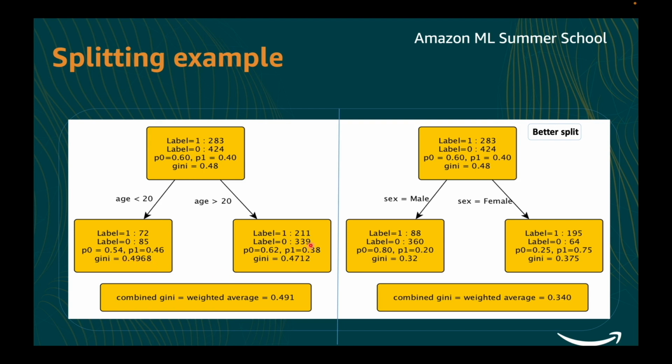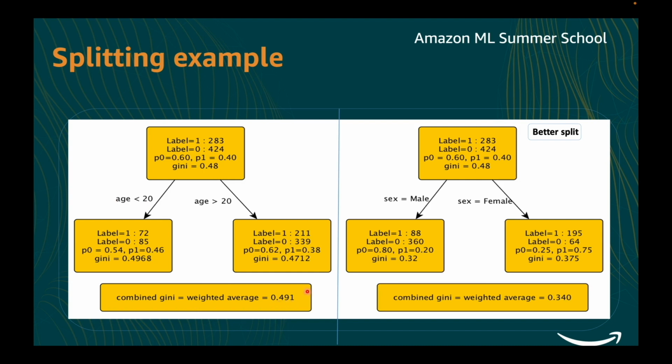You take the fraction over here, which is 339 plus 211 divided by the total, multiply it by the Gini value over here, and the sum of those 2 gives you the weighted average. This is your Gini impurity on using age less than 20 as your splitting criteria.